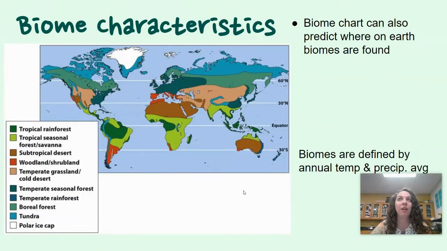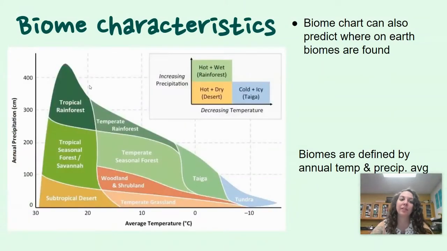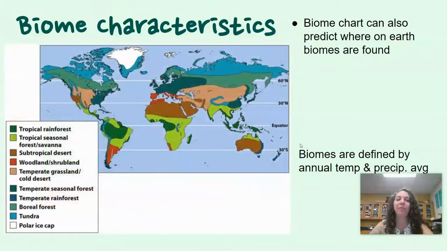It would be a lot of information to ask you guys to memorize the location, the rainfall, the precipitation, temperature, all that stuff for every single biome. That would be a lot. But if you can just remember some of their characteristics, that can tell you where they're going to be found.